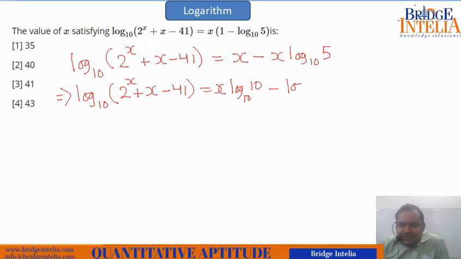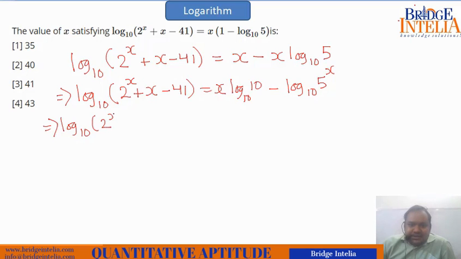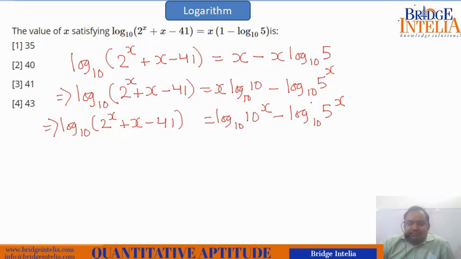So this can be written as log of 5 to the power x to the base 10. Okay. So now let's rearrange these terms. So the terms are now taking shape. So this can be written as log to the base 10 of 10 to the power x minus log 10 of 5 to the power x.